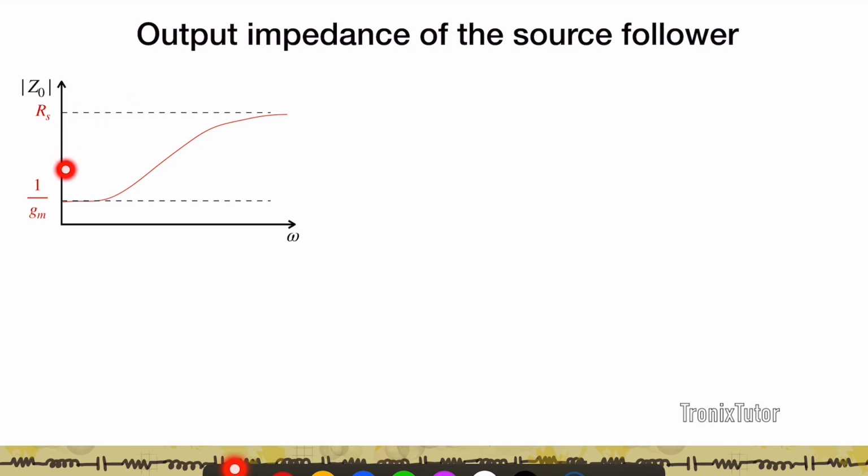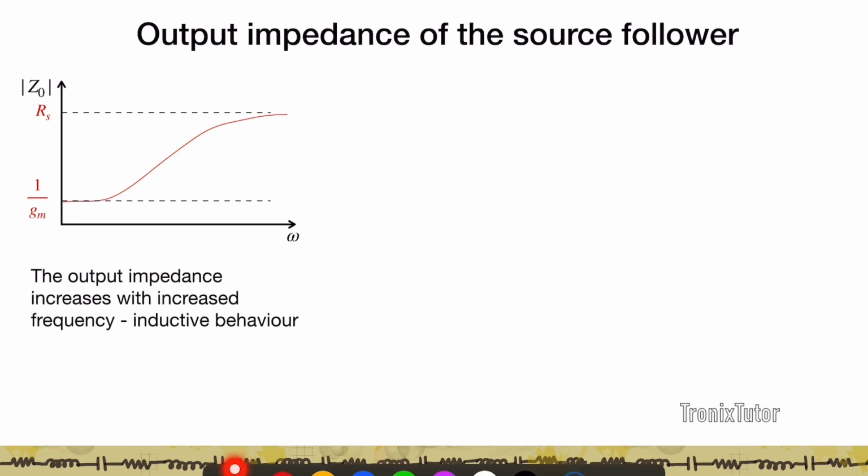So I have a circuit which, if I look at its output, has an impedance increasing with frequency. Or it is an output which looks inductive, because in an inductor, the impedance increases with frequency. So here what you've done is you've simulated an inductor, if you will, using just the transistor and the capacitor, right? And again, this is a very important circuit in oscillators, where the output impedance increases with increasing frequency.